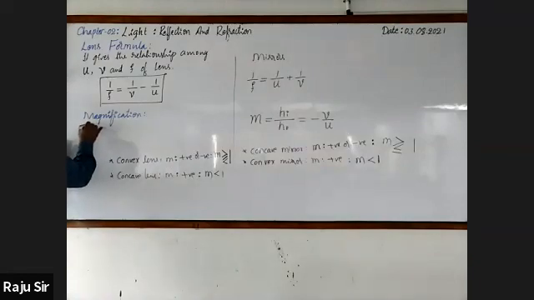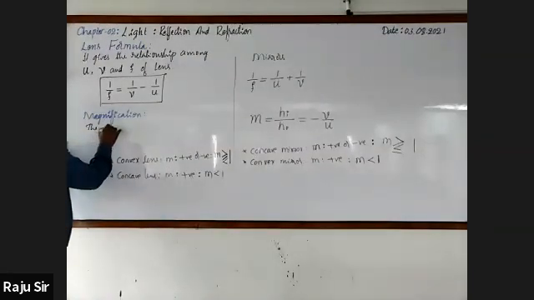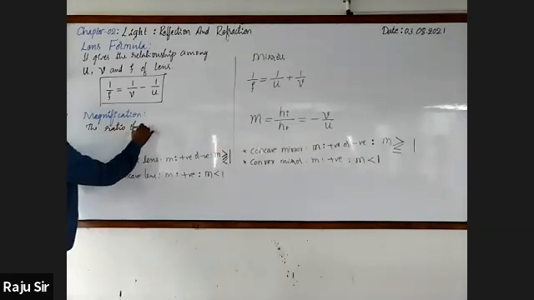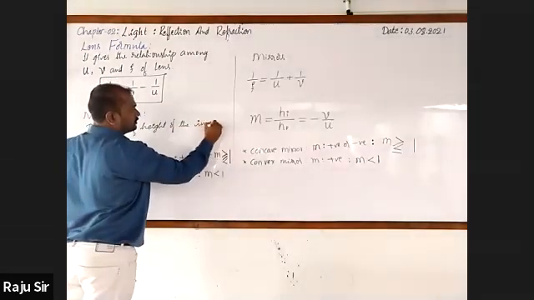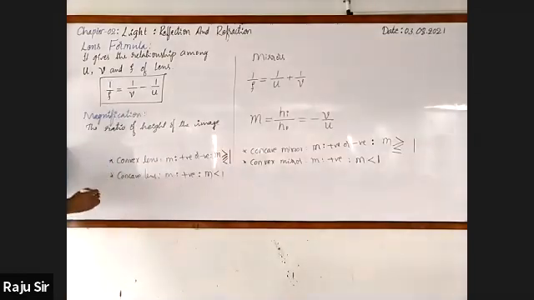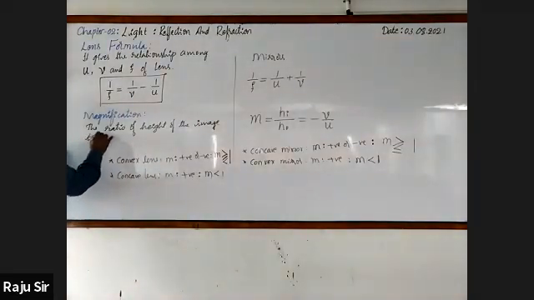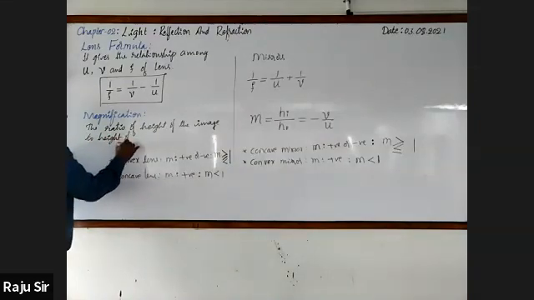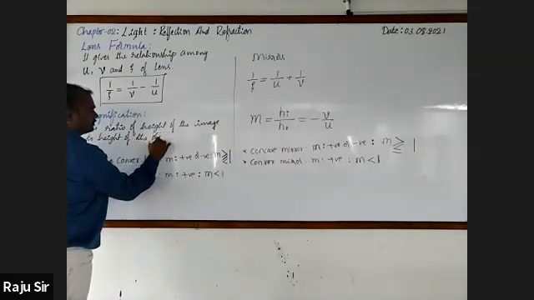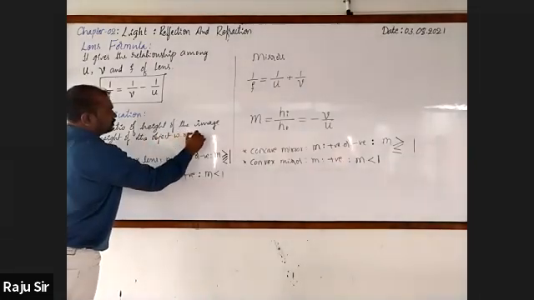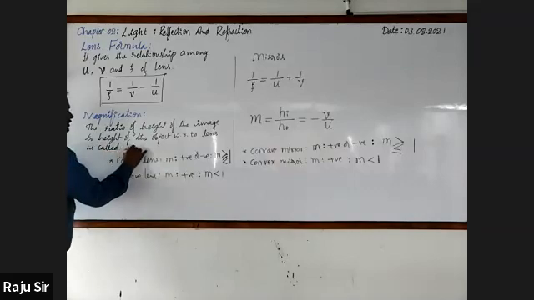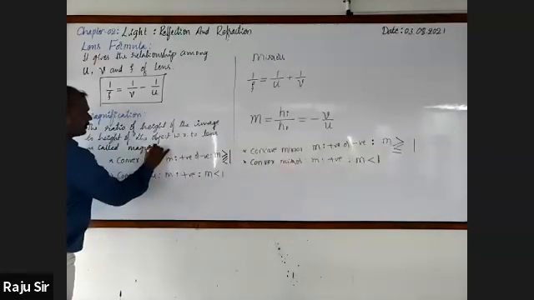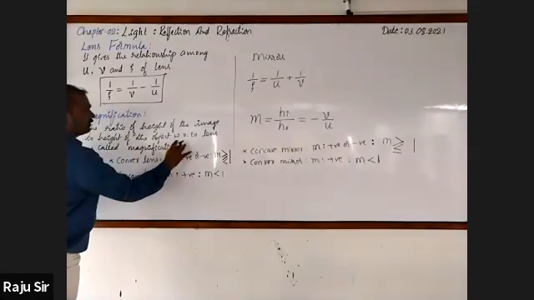Magnification is the ratio of the height of the image to the height of the object with respect to lens. It is called magnification.